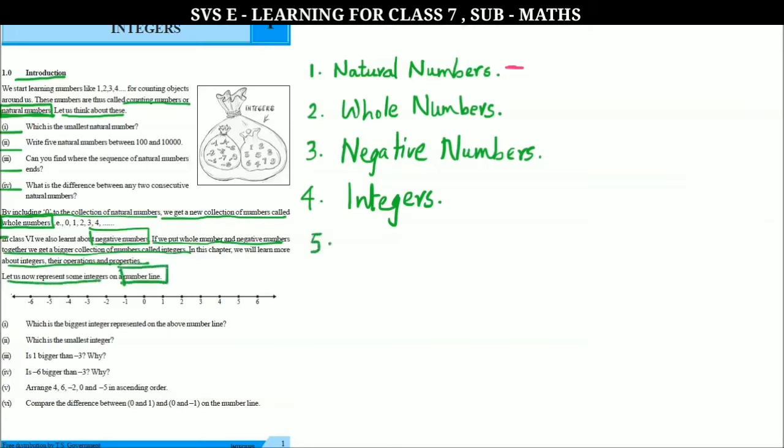Number 5 is number line. So we'll discuss these 5 keywords that are presented on page 1 of chapter 1, integers. You will have a better understanding of this first page.